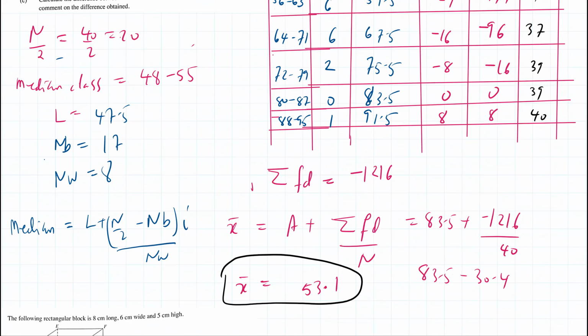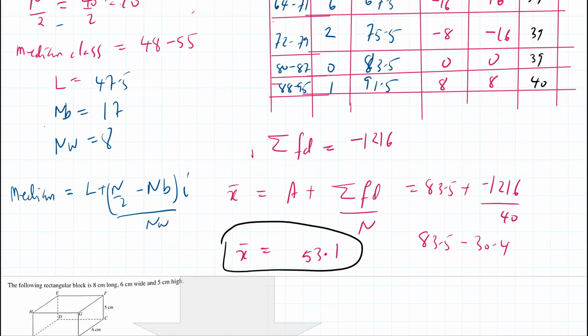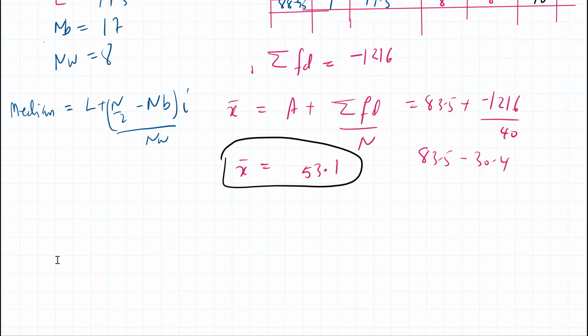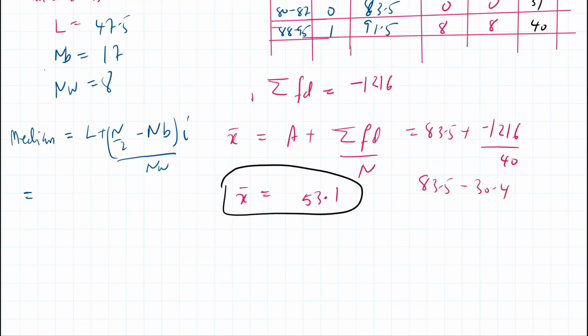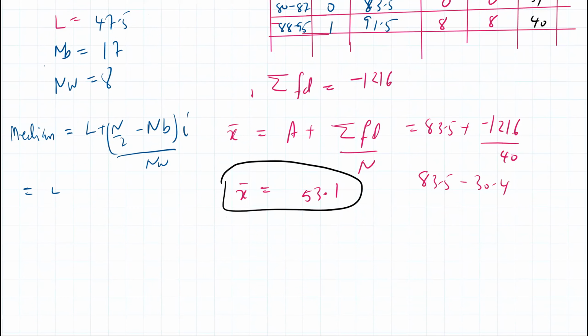So the median will be equal to L, which is 47.5, plus 20 minus 17 over 8, multiplied by 8.